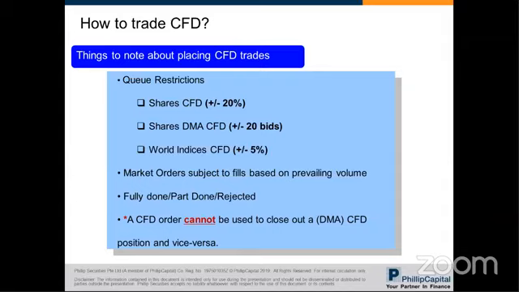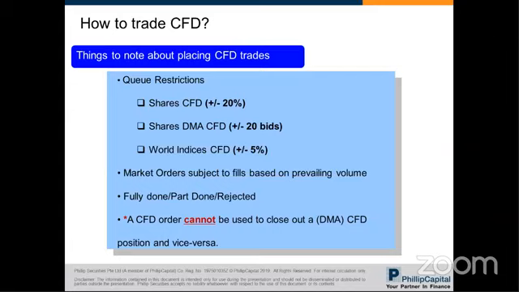So taking SGX as an example, if you want to long a position with the normal share CFD, and you long it directly with us under the normal stock CFD, then if you want to close the position, be sure to close it using the same share CFD, and not the DMA CFD.